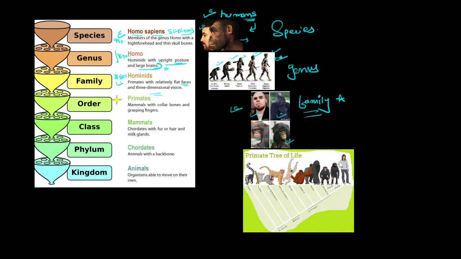The similarities are going to decrease, remember. So here you take 70 to 75% similarities. So all the mammals with collarbones and grasping fingers. See, we are all primates because we have grasping fingers. You can actually grasp. For example, right now if I'm writing that this is an order, how am I able to write that? Because I can grasp this pen in my hand, because I have these different fingers.